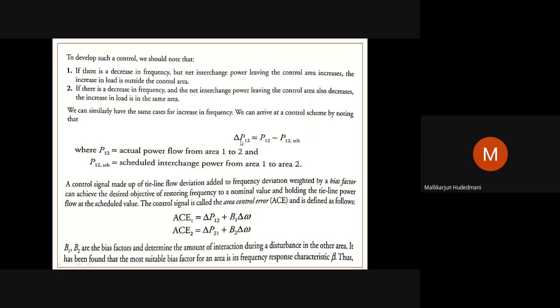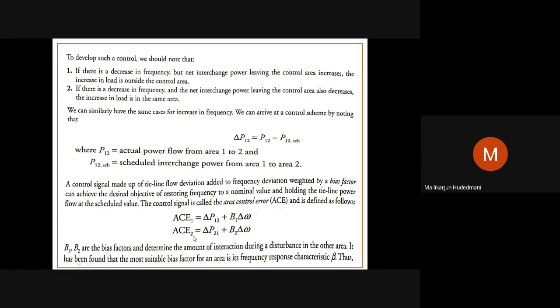Can you see here? This is the power exchange on the tie lines of 1 and 2 interconnected, which is scheduled, and what is really flowing. So the mismatch is nothing but delta P12, plus its frequency bias with respect to the deviation of that area, beta 1 into delta omega. This equation we call the area control error of area 1.